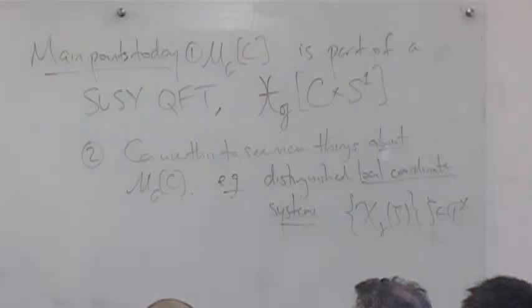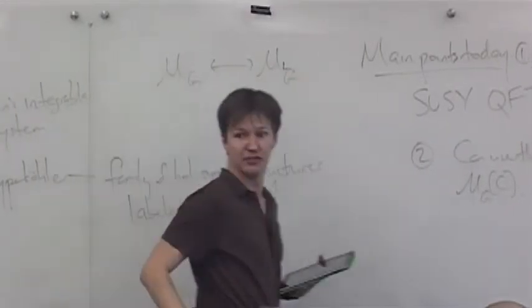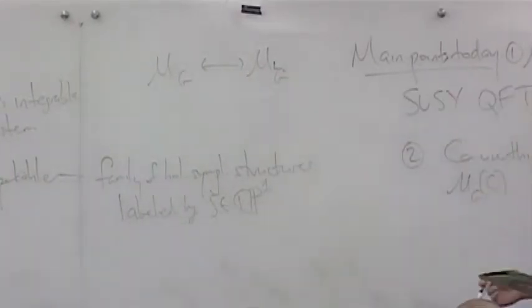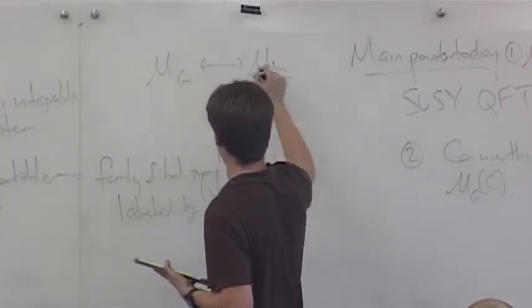To be really honest, the spaces that you encounter in this business, so this is for people who've thought a little bit about the Hitchin system before. The Hitchin system has this property that there's a sort of T-duality, a mirror symmetry, that relates the Hitchin system for G to the Hitchin system for the Langlands dual of G. And to be honest, the space which we encounter lies in a sense halfway between these two.